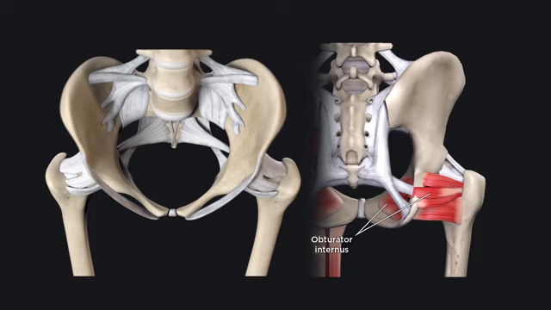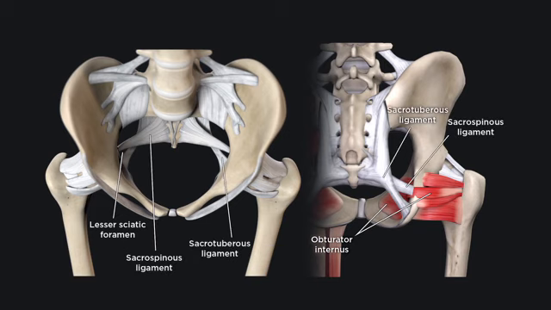Obturator internus originates on the deep side of the rim of the pelvis's obturator foramen, as well as from the membrane that covers most of that foramen. The tendon of obturator internus leaves the pelvis through the lesser sciatic foramen that's formed by the crossing of the sacrotuberous and sacrospinous ligaments.